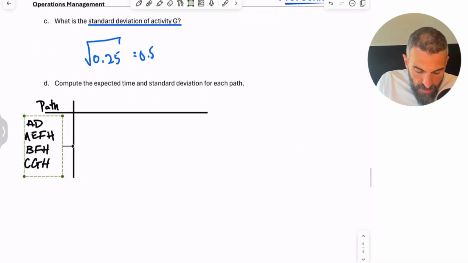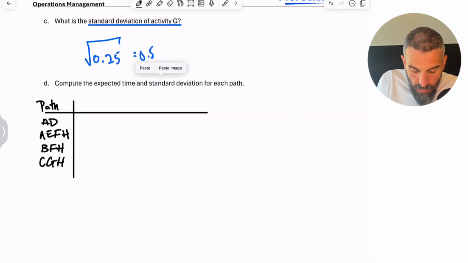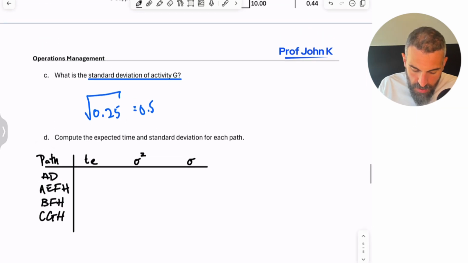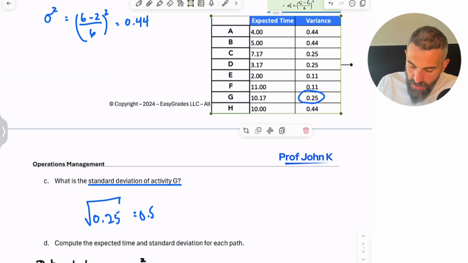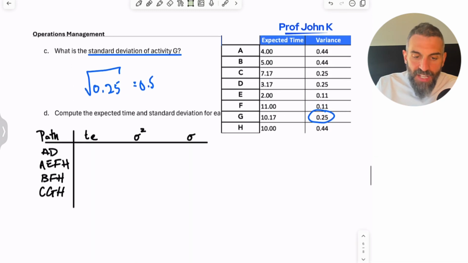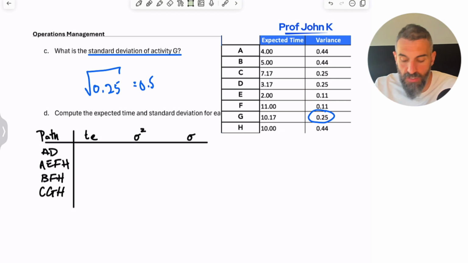I'll paste that here. So I'm going to have really three columns: expected time, variance, standard deviation. For the expected times, we're going to use this little table here, and we're just going to add up all of the activities along the path.